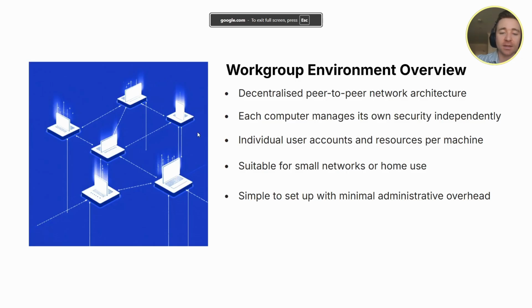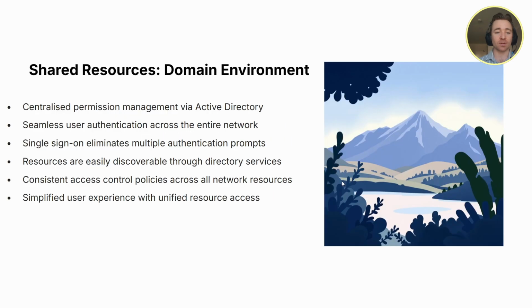Now, that being said, in a workgroup you have individual user accounts and resources, so you have to make an account for every single device. It's suitable for small networks. So if you've got a few computers in a very small home network, you'd want to go this way because it's less expensive, but it's not scalable. The second you need a lot of scale, you're going to need to go with a domain. So shared resources in a domain environment are all shared centrally.